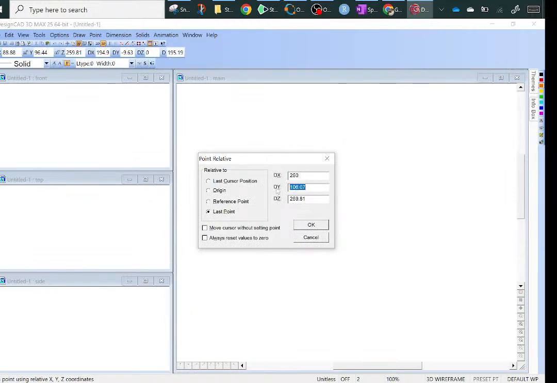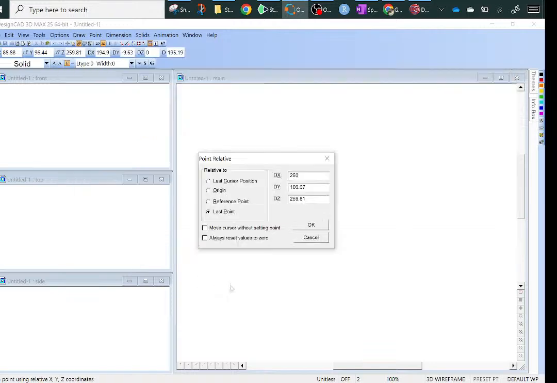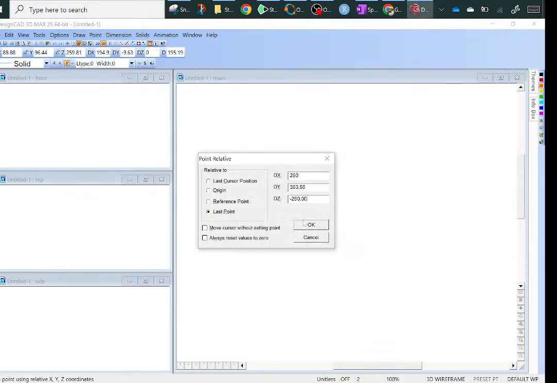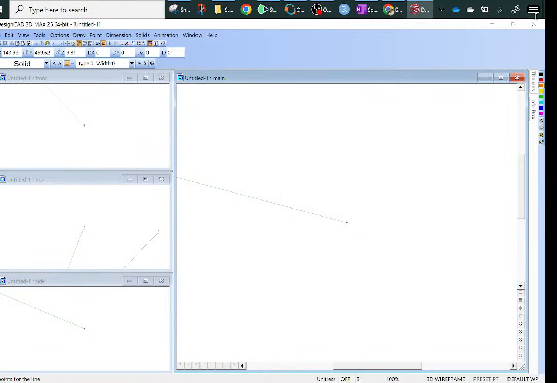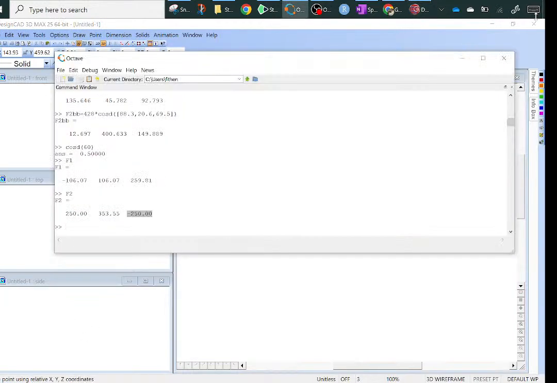And then I'm going to add 353.55. And then I'm going to add minus 250. Okay, so there's my next point. My last point is going to be, I'm going to try mine first. If I'm wrong, I'll eat my words. I'm fine with that. Okay, there's my vector.